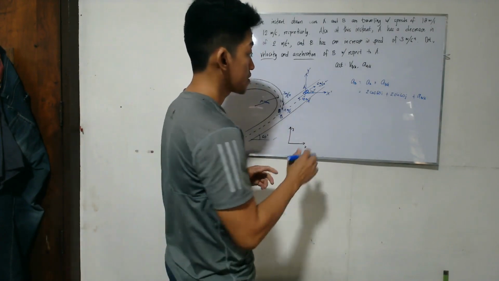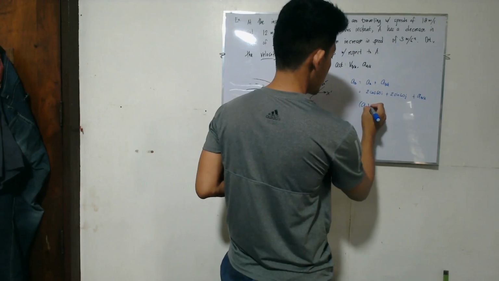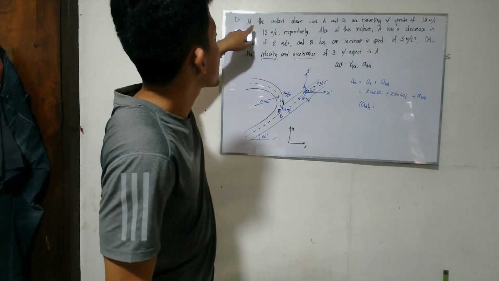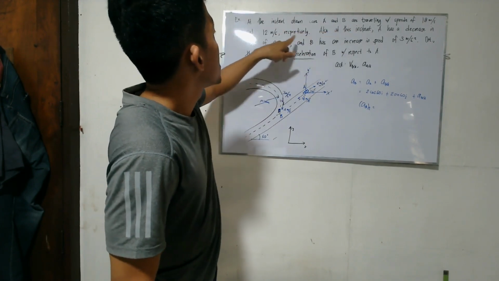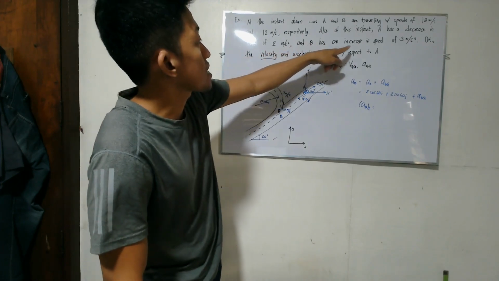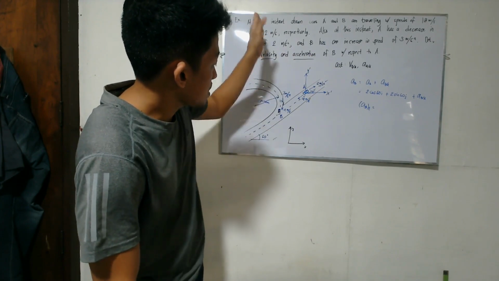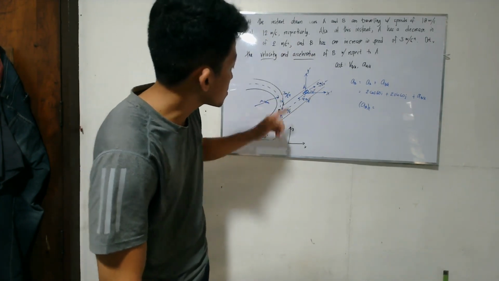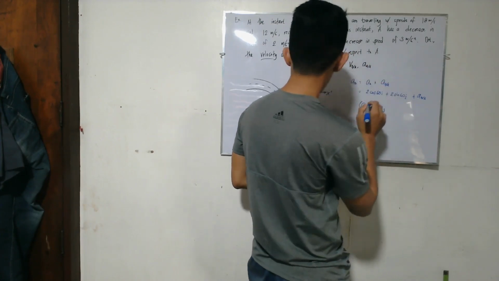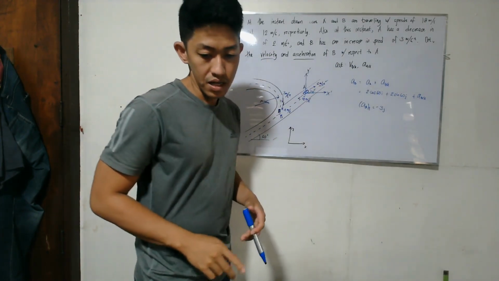Okay. For the tangential acceleration of B, B has an increase in speed of 3. So what is the direction? It is in the J direction, obviously negative 3j.